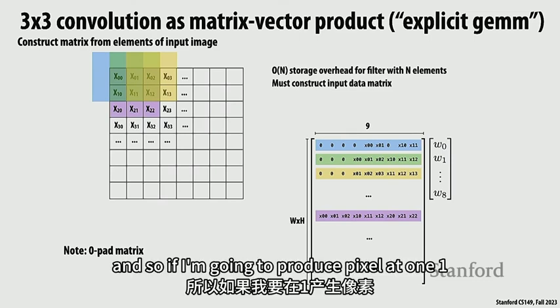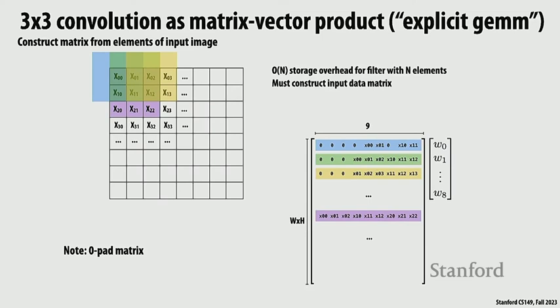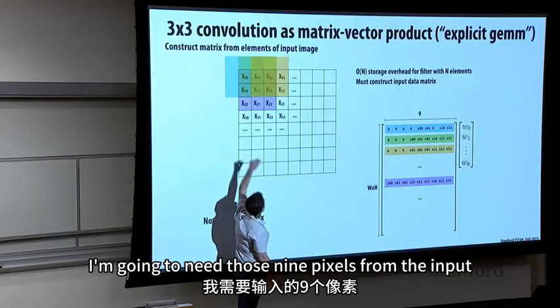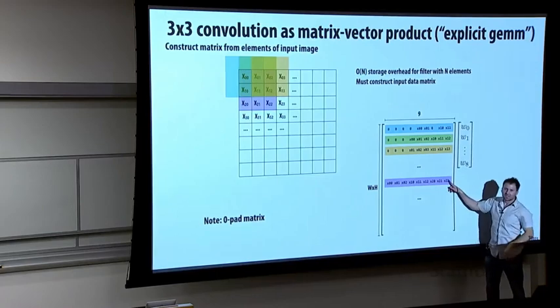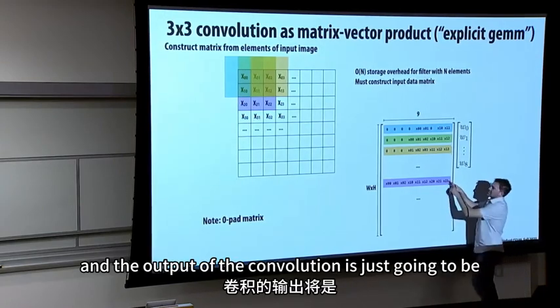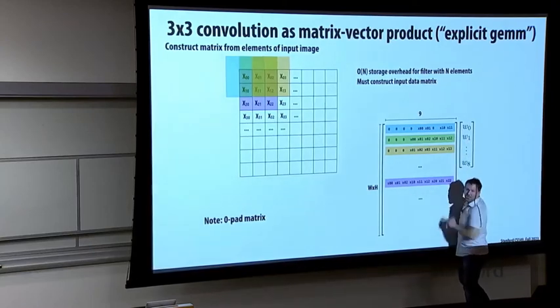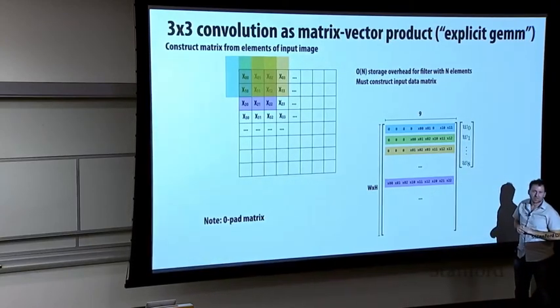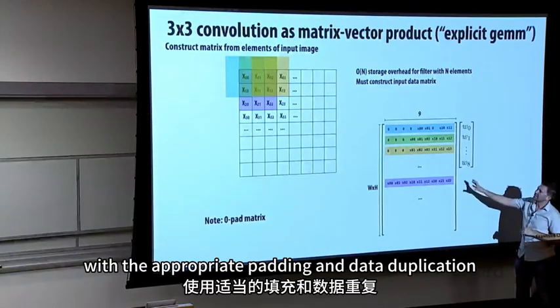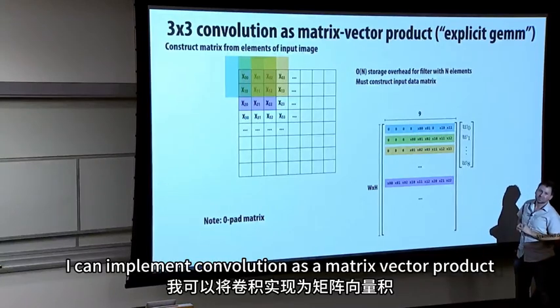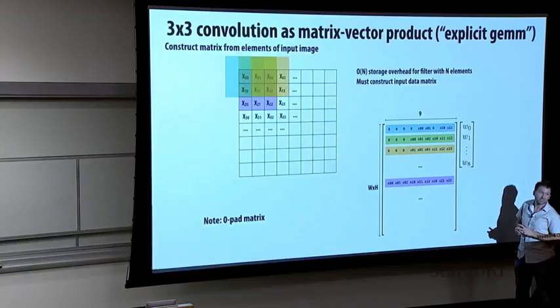If I'm going to produce the output pixel at coordinate 1, 1, I'm going to need those 9 pixels from the input. So I just copy them in right here, and the output of the convolution is just the dot product there. So I hope you can see at this point that with the appropriate padding and data duplication, I can implement convolution as a matrix-vector product.